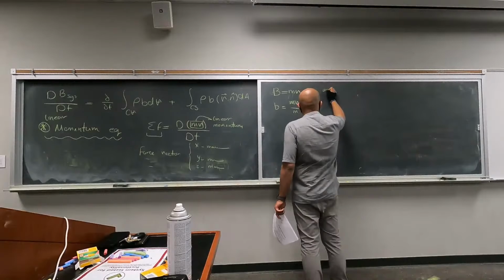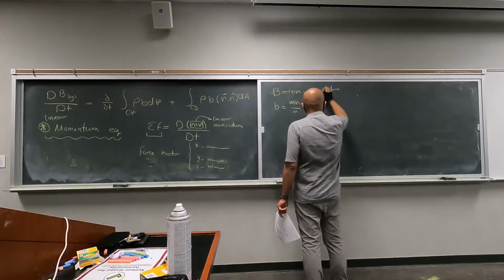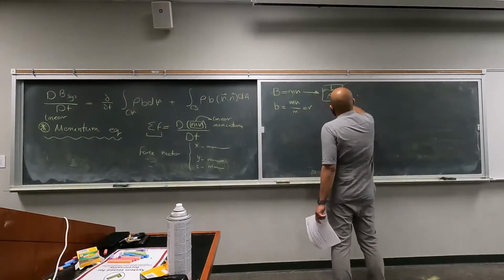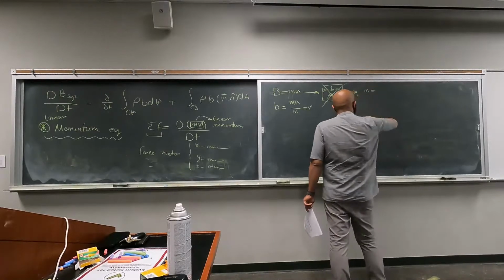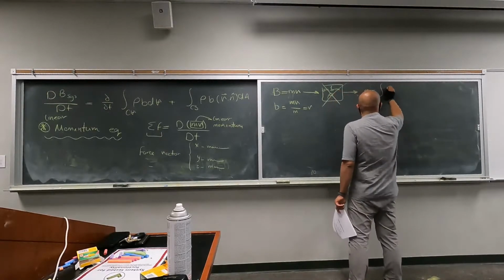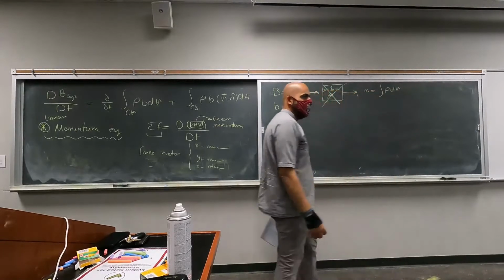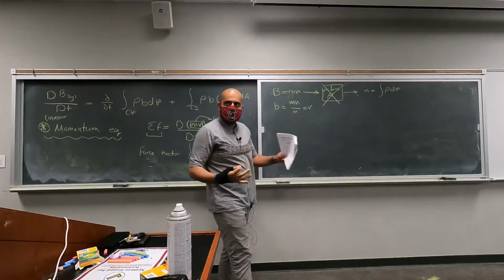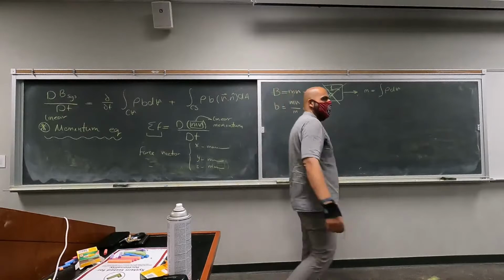So uniform or constant density everywhere. Uniform rho. If you don't make this assumption, your m is going to be equal to the integral of rho over your volume. So instead of rho multiplied by total volume, since density is changing over the volume, we want to take the integral of density with respect to volume, right?